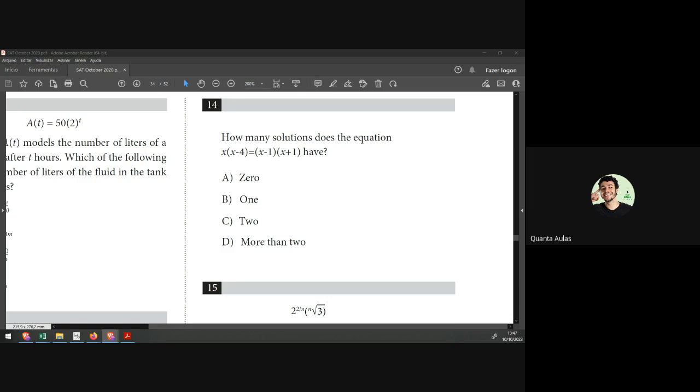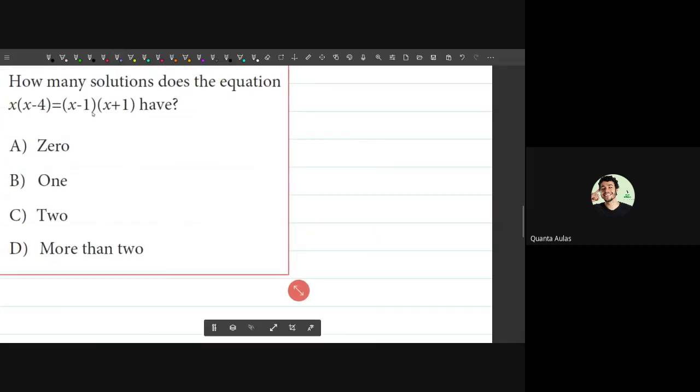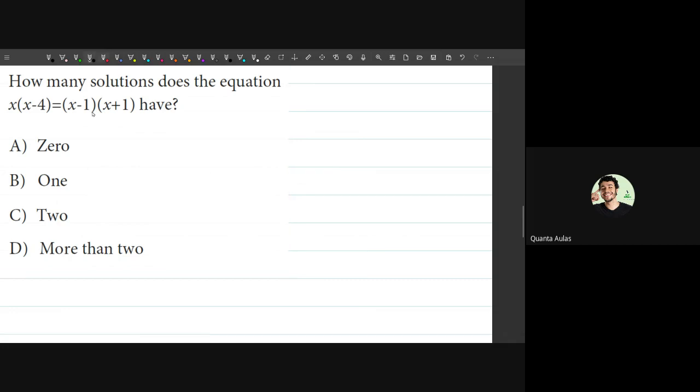Bhaskara has one solution when our delta is 0. If delta is negative, we have 0 solutions. Only when the delta is more than 0, we have 2. So let's do the math.